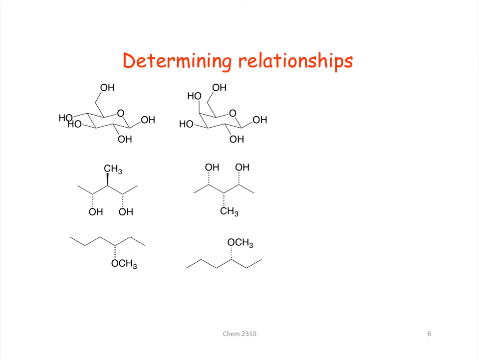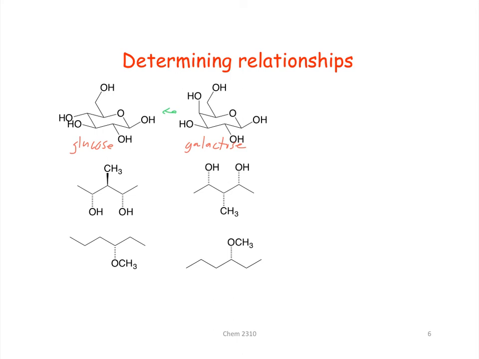Alright, let's look at some even more complicated ones. Okay, so these are two sugars. In fact, this one over here is glucose, and this one is galactose. Alright, if you link those together, you get lactose, or milk sugar. Alright, so what's the relationship?